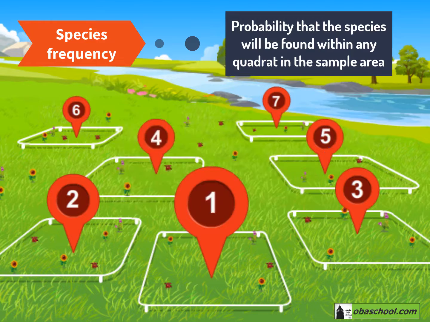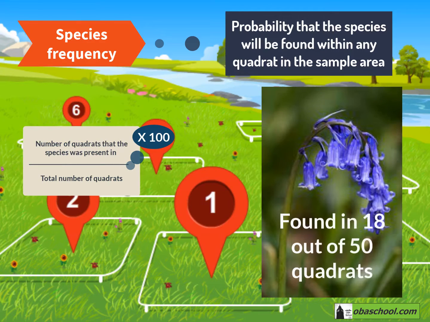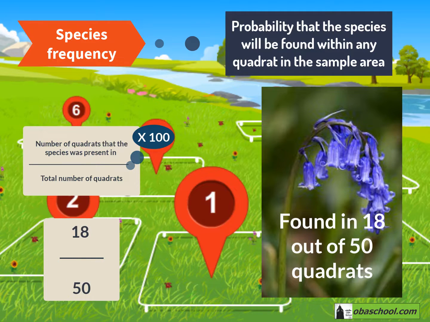For example, if bluebells were found in 18 out of 50 quadrats, then the species frequency would be 18 divided by 50, all multiplied by 100, and this would give us 36%.